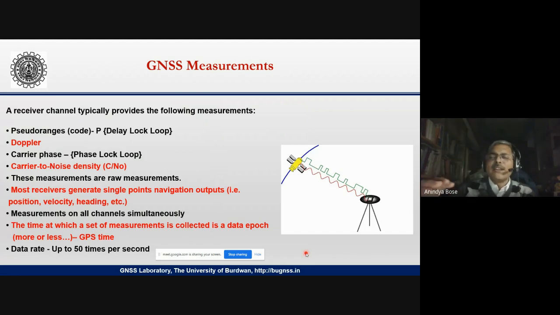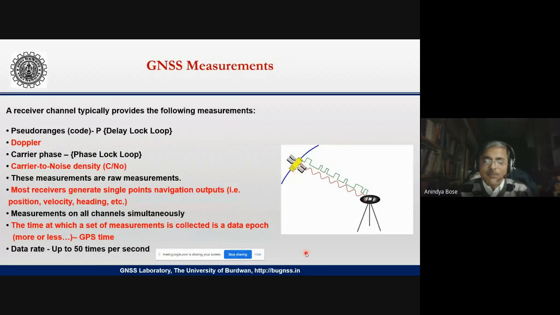Now a bit of detail into the science of GNSS, the GNSS measurement. Inside the receiver is an electronic device. There are so many electronics inside, so for the time being, let us keep it as a black box.